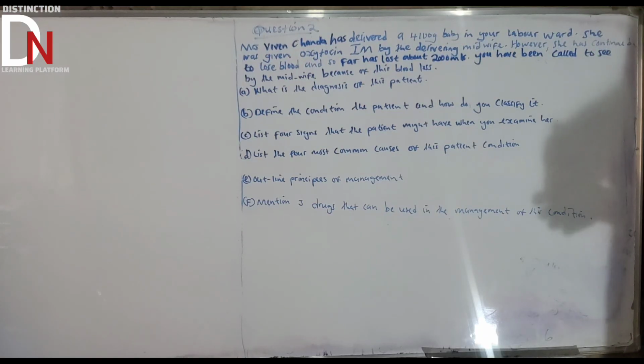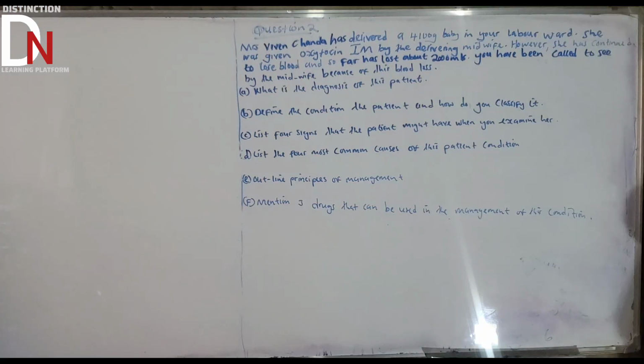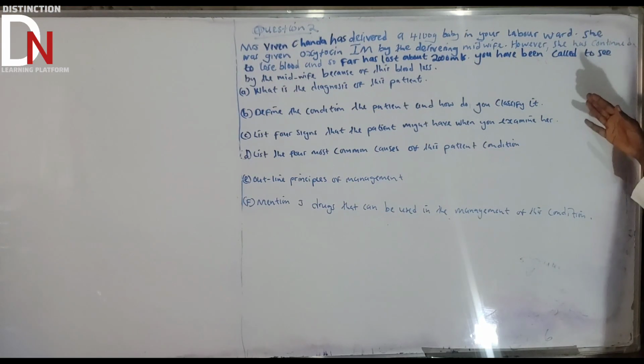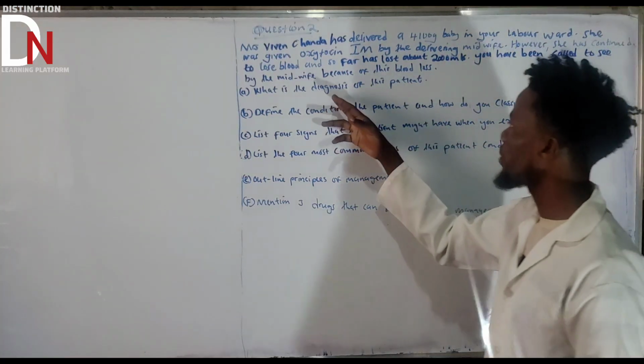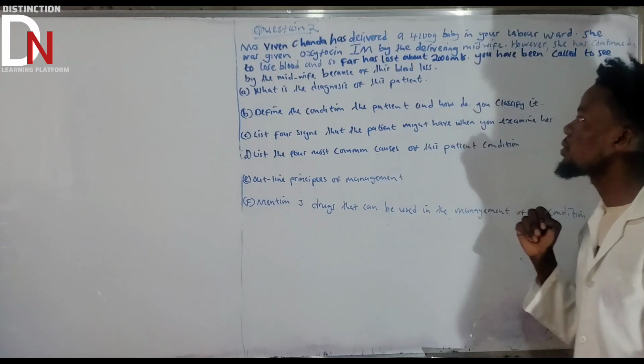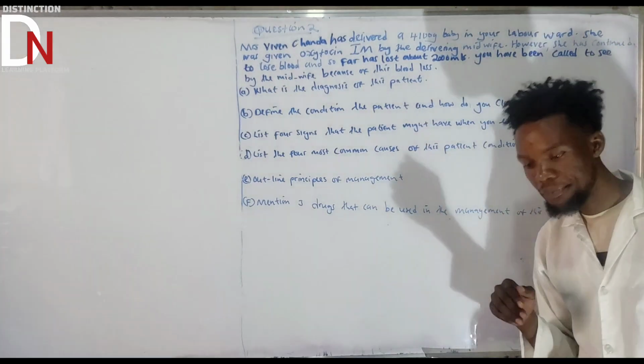She was given oxytocin intramuscularly by the delivery midwife. However, she has continued to lose blood and so far has lost about 2,000 mLs of blood. You have been called to see her by the midwife because of this blood loss. What is the diagnosis of this patient? So that's the first question that they're asking us.